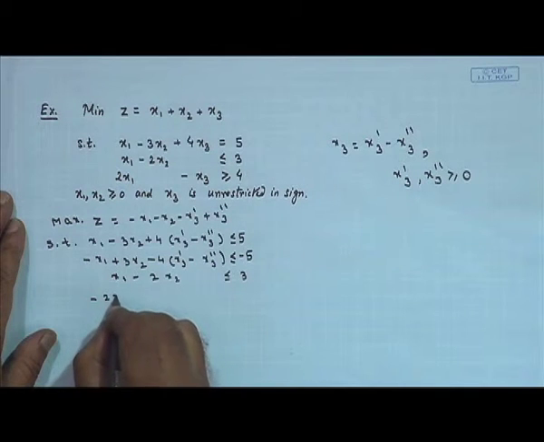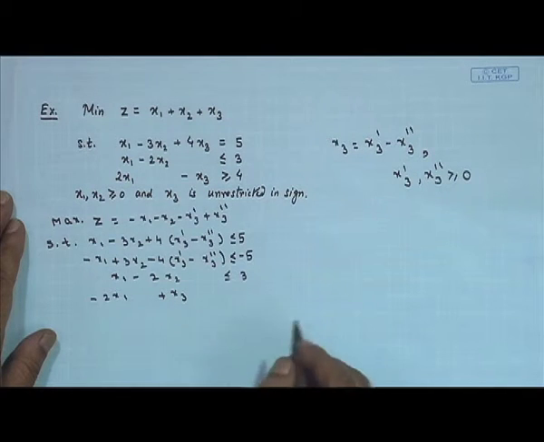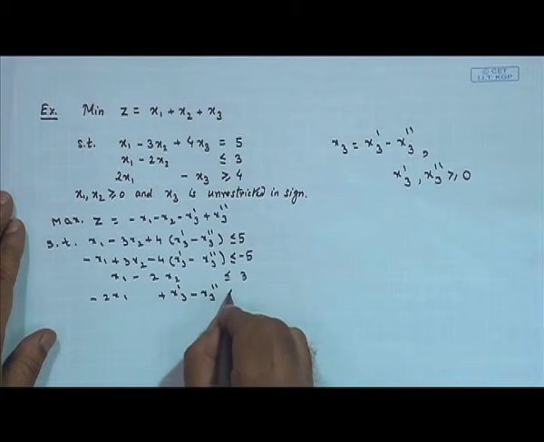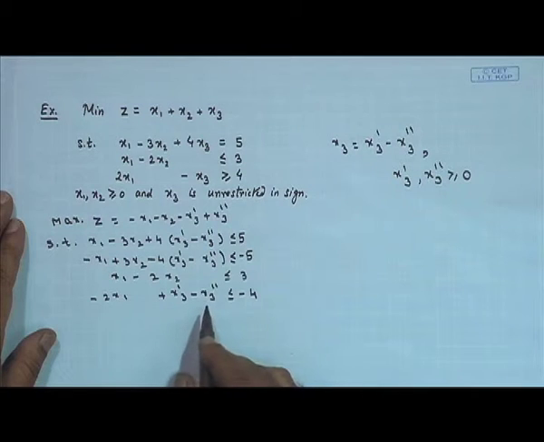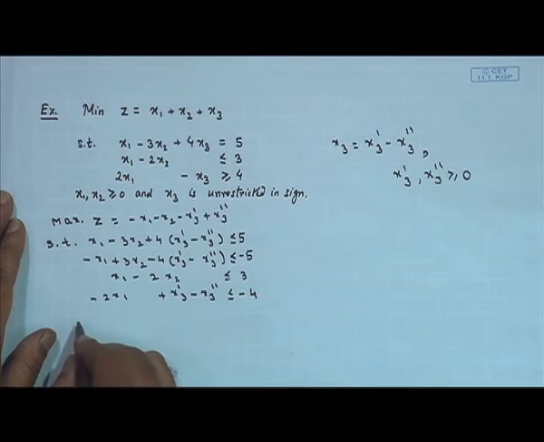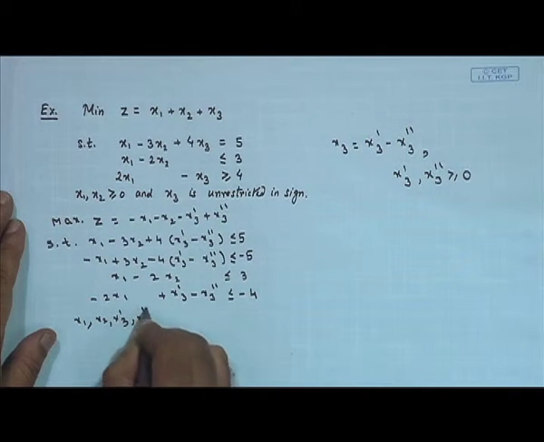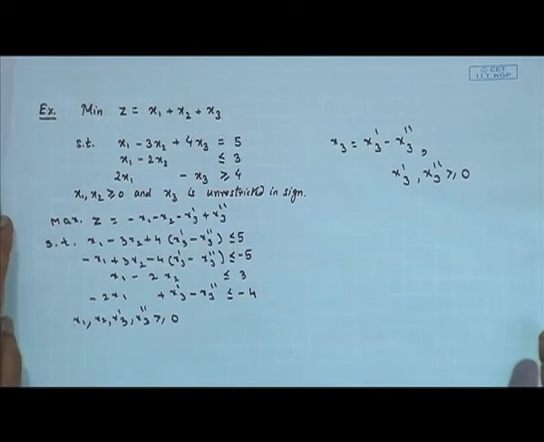So, minus 2x1 plus x3' minus x3'' less than or equal to minus 4, and of course x1, x2, x3', x3'' are greater than or equal to 0. So, this is the problem in the canonical form.